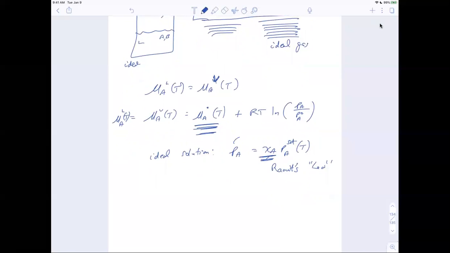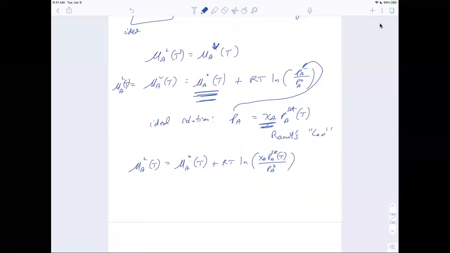So we can put this guy in here. So we have mu A in the liquid phase at this temperature is equal to mu A at this temperature at some reference pressure plus RT natural log X of A times PA vapor pressure all over PA naught. Okay. Any questions? That's actually rather simple.